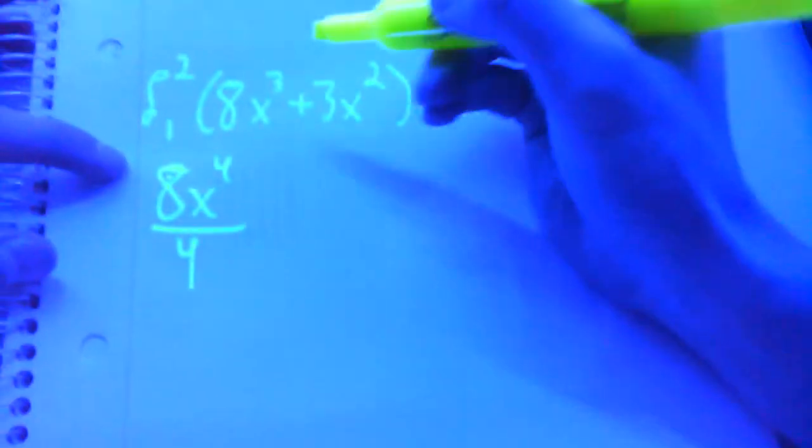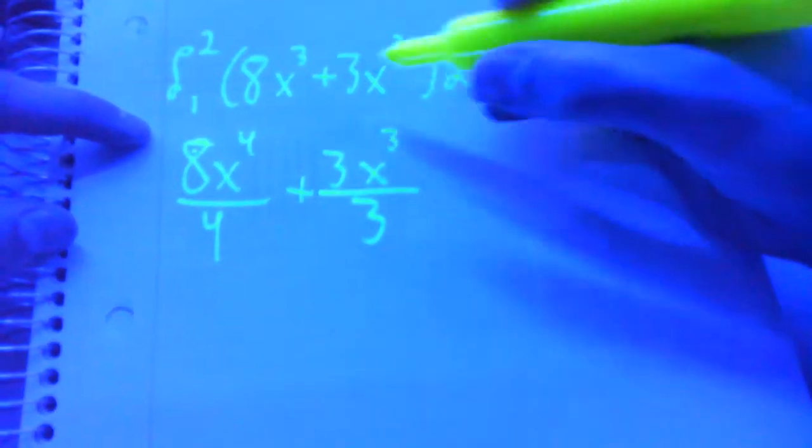So this would become 8x to the 4th over 4, plus 3x cubed over 3. And then, since it's a definite integral, we're going to evaluate it from 1 to 2.